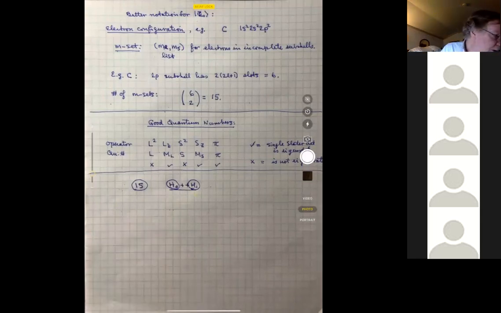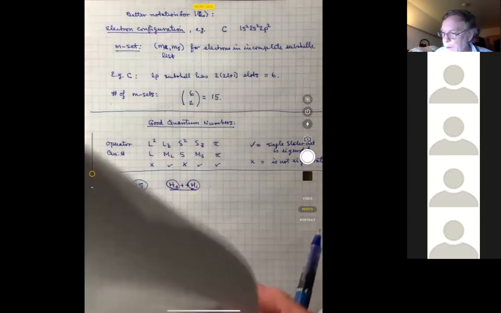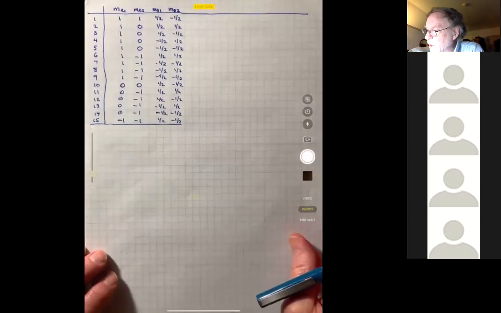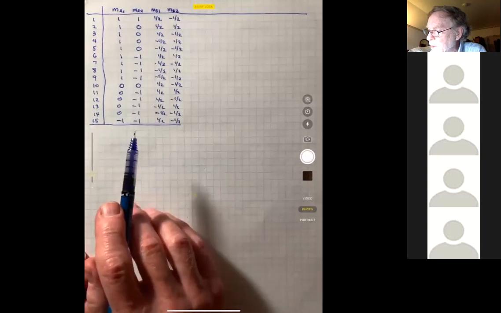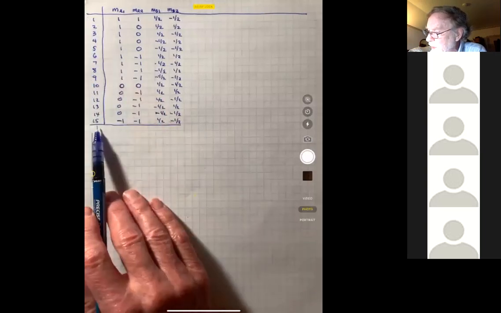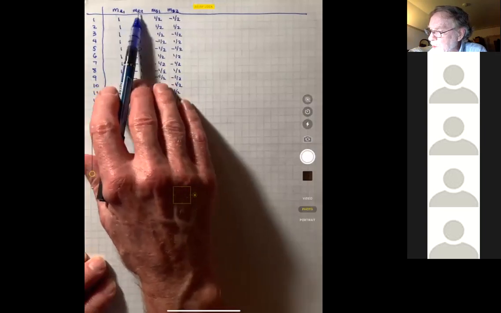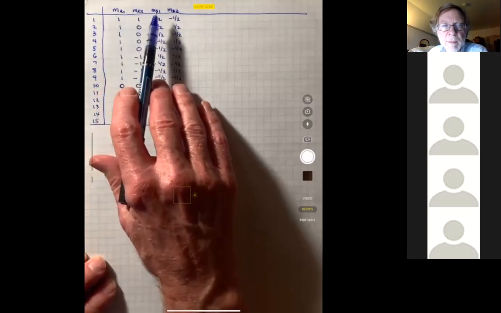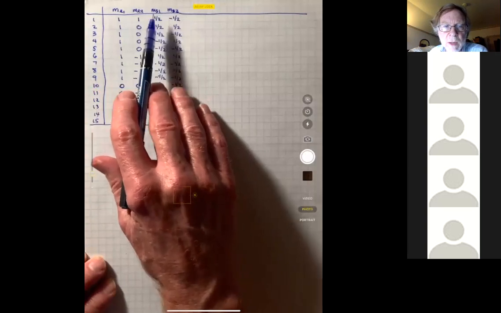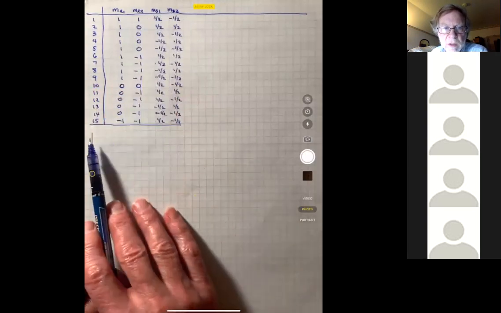By the way, in the last lecture we went through a detailed enumeration of what those M sets are for the case of carbon. Here they are listed 1 through 15. Here are the two ML1, ML2, the two orbital magnetic quantum numbers, and MS1 and MS2, the two spin quantum numbers. And I went through the construction of this table.